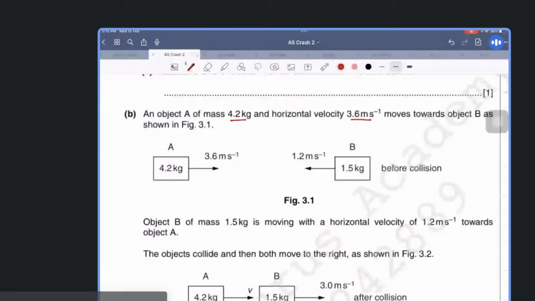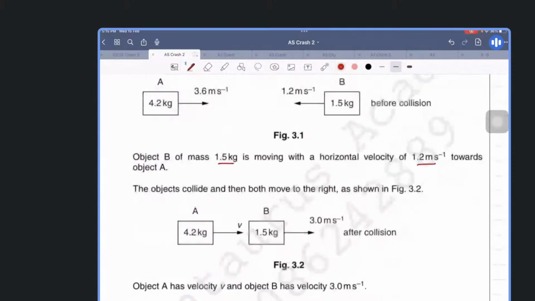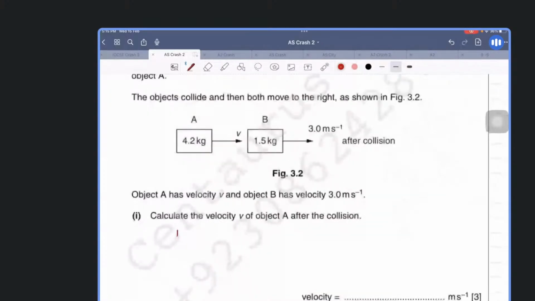Object B of mass 1.5 kg is moving along horizontal velocity 1.2. Fine. And then they collide, they move together to the right. Okay. So we're just gonna basically use m1 u1 plus m2 u2 equals m1 v1 plus m2 v2.